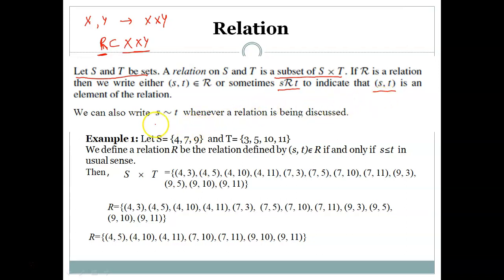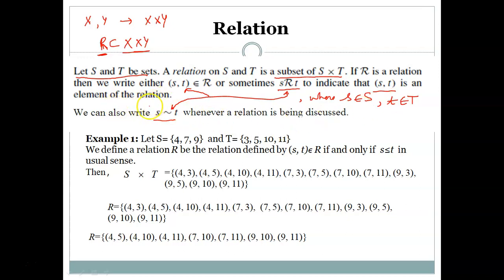We can use any of these three notations; all three are equivalent. Here small s is an element of set S and small t is an element of set T.